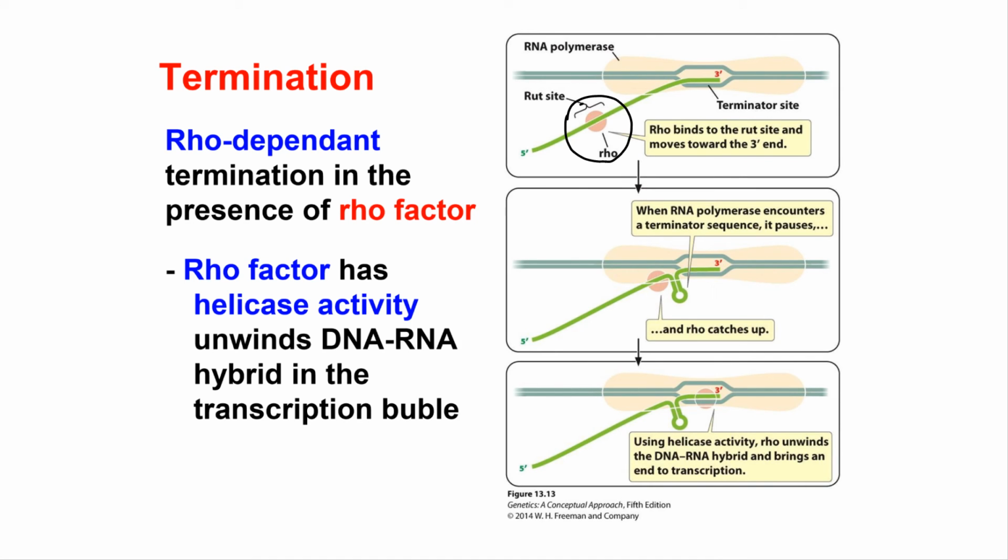And once it pauses, rho catches up with the polymerase, and it uses its helicase activity and unwinds DNA from RNA, so it breaks down the DNA-RNA hybrid and releases the newly synthesized RNA.